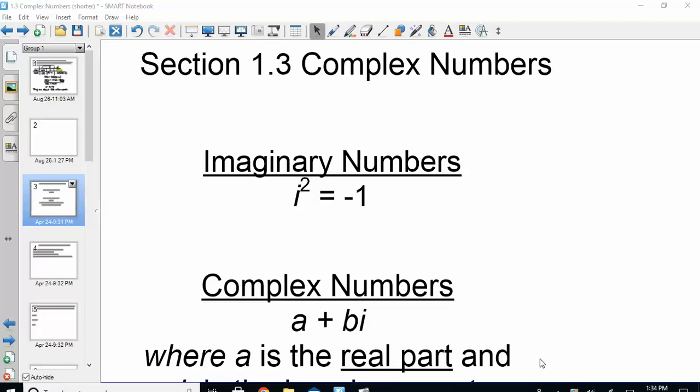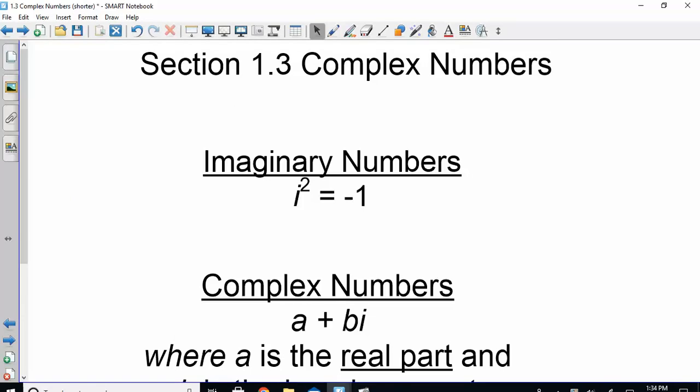Thank you. You're welcome. All right, so what is a complex number? Do you remember? So basically every number is a complex number. But usually we start seeing the word complex number when we start throwing i's into things.